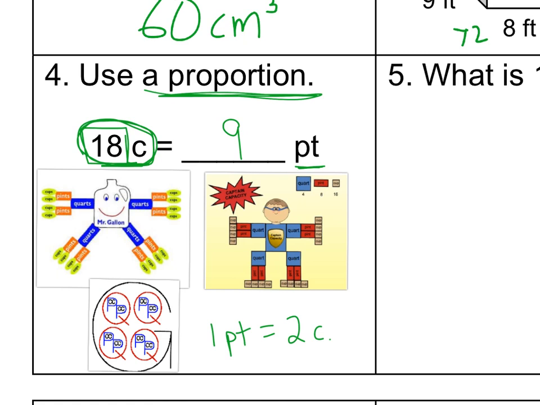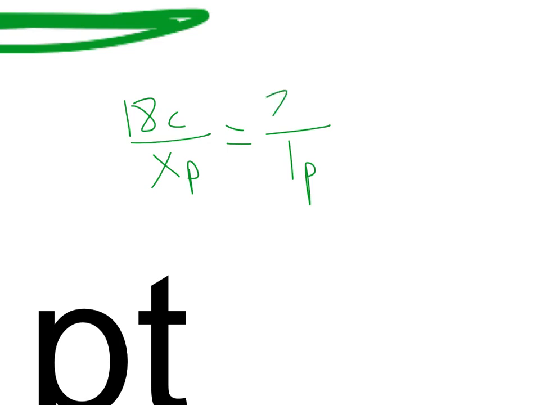And so I can set that up like this. I'll zoom in real quick. I can do 18 cups to X pints, right? And then I'm going to say that that's equal to 2 cups to 1 pint. That is my proportion, right? So 18, how did I get to 2?